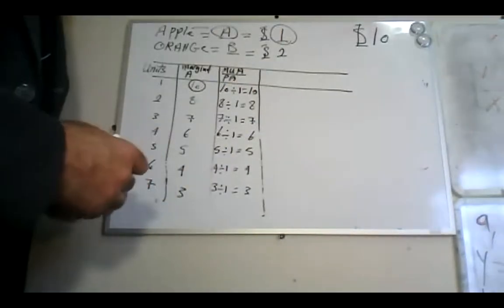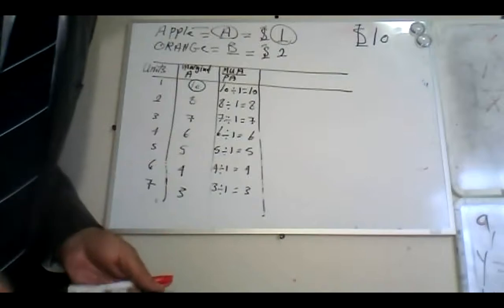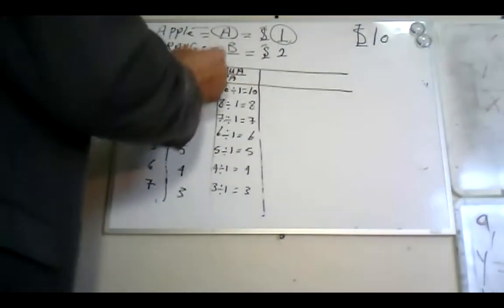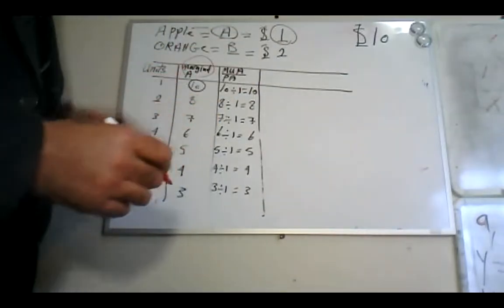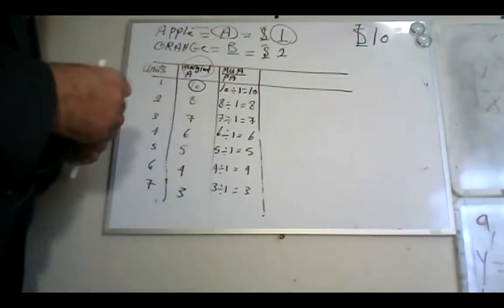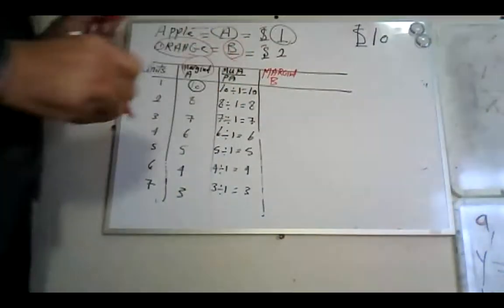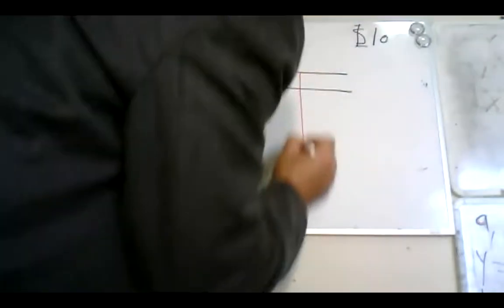Now we'll move on to the second thing, which is the orange. For the orange, he will give me also the marginal utility of the orange, as he gave me for the apple. The marginal utility of B, we said B is the orange, is given in the exercise.